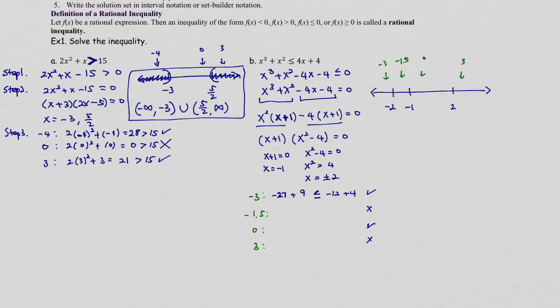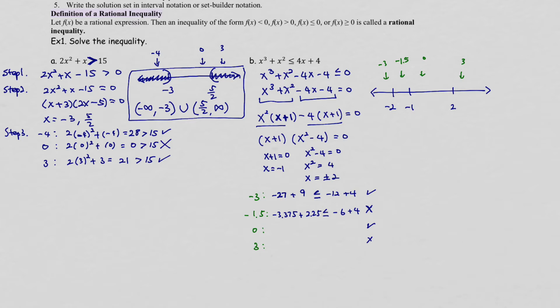So when I plug in negative 1.5 to the third power, I get negative 3.375 plus negative 1.5 squared, which is positive 2.25. Let's see if that's smaller than negative 6 plus 4. That's not true, right? So we know that's not true already even before we plug in the number.